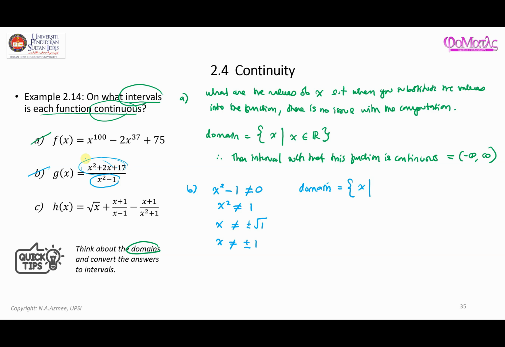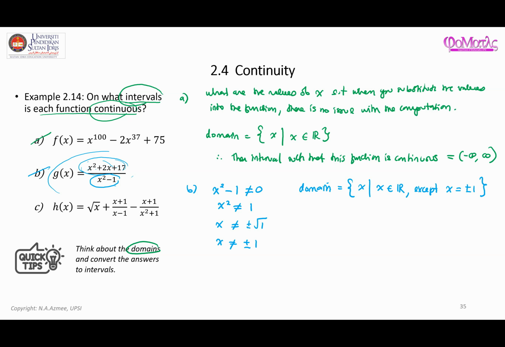Therefore, for g(x), the domain is all real numbers except x equals plus or minus 1. So x can take any value from negative infinity to infinity, except it cannot take the values 1 and negative 1.